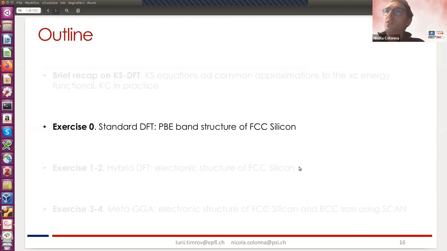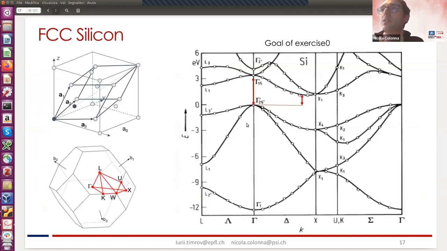The first thing we are going to see is how to compute the PBE band structure of bulk silicon. What you should expect from this tutorial is that at the end of this first exercise, you should be able to compute a plot like this. This is the band structure of bulk silicon. And this is a fundamental property of a material, which carries a lot of information, in particular, whether the system is a metal or an insulator.